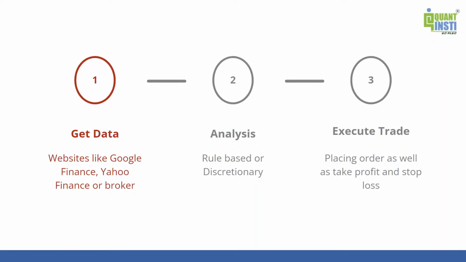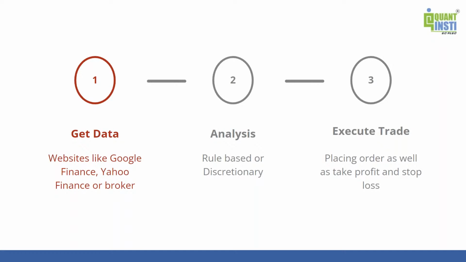Now, you can automate everything or you can automate part of it. Simply put, you can get data, use some coding or script, run it, and get historical data of your favorite asset.